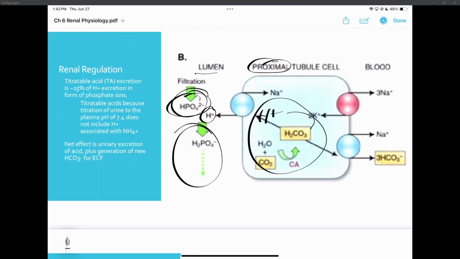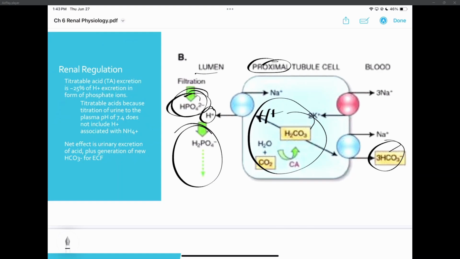And then we can get rid of it. It's a titratable acid. We can add more H to that, binds to the HPO4 2 minus, becomes H2PO4 1 minus because we added a hydrogen, and we can get rid of that acidity in that direction as well. And again, we create 3 bicarbs. Again, we're creating more bicarb to help offset the acidity of the blood.